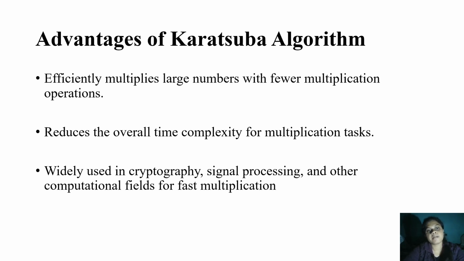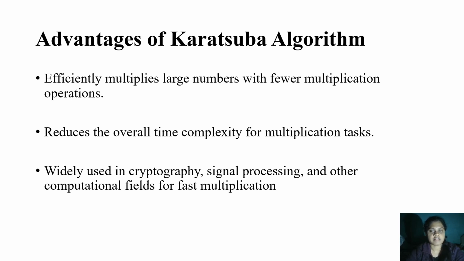Efficiently multiplies large numbers with fewer multiplication operations, reduces the overall time complexity for multiplication tasks, and is widely used in cryptography, signal processing and other computational fields for fast multiplication.